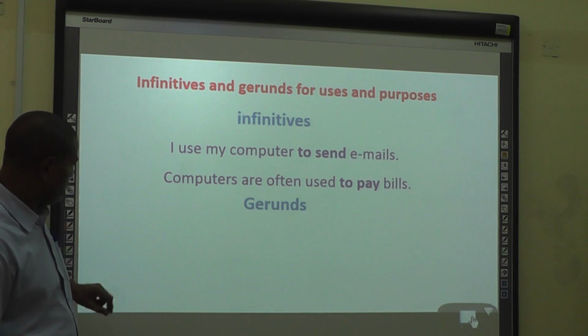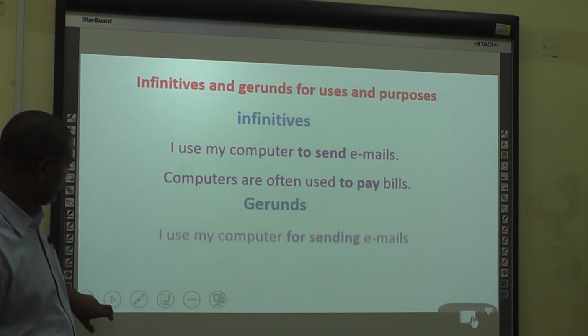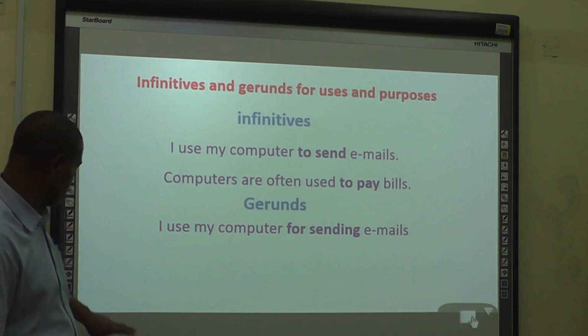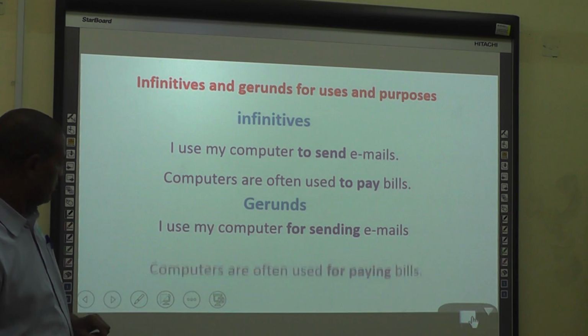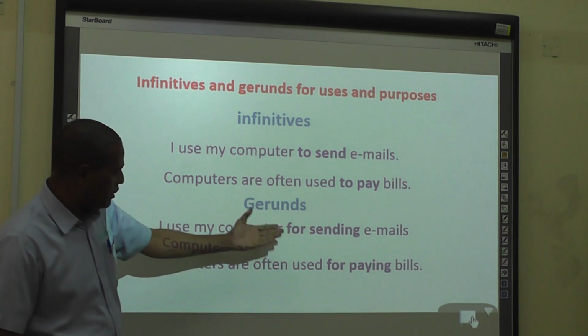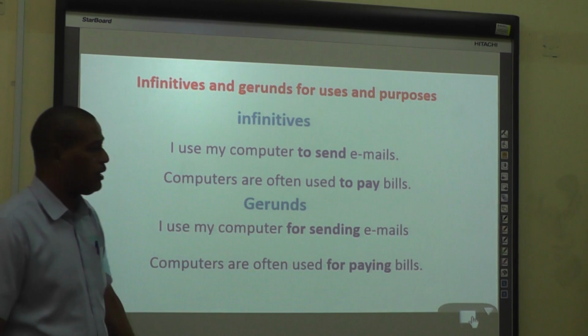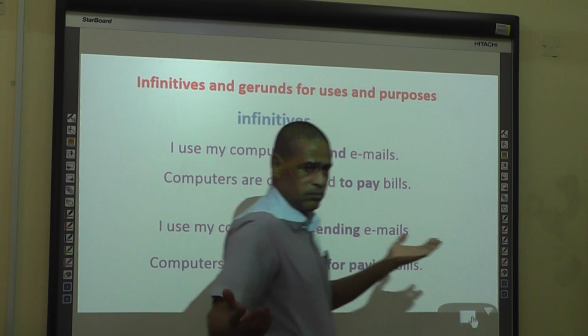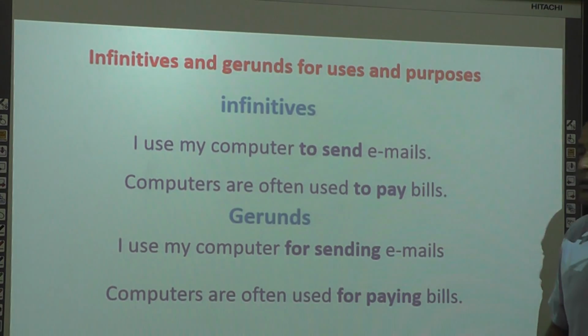With gerunds, we can say, I use my computer for sending emails. Again, with gerunds, we can say computers are often used for paying bills. You will say they are the same sentences.